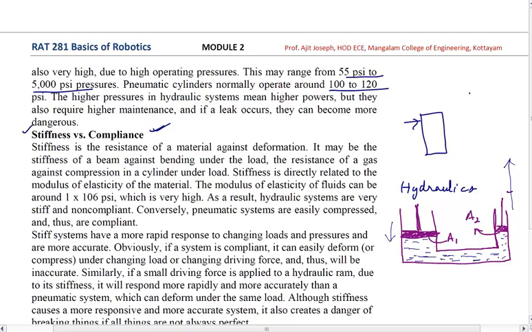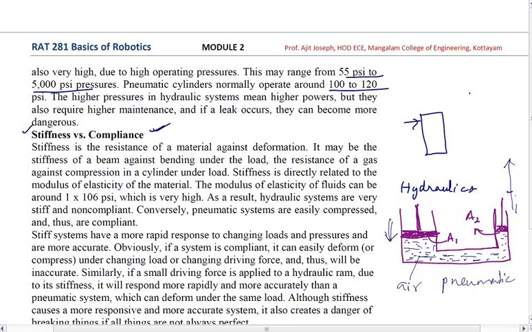Now, if instead of this fluid there is air, then we call it a pneumatic system. In a pneumatic system, even though we press it, there is some compression of the air molecules.